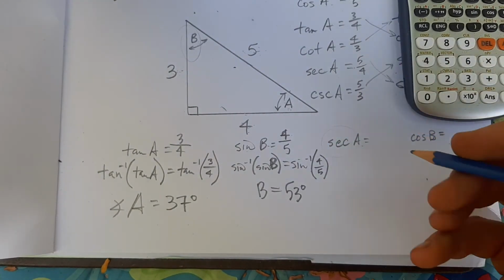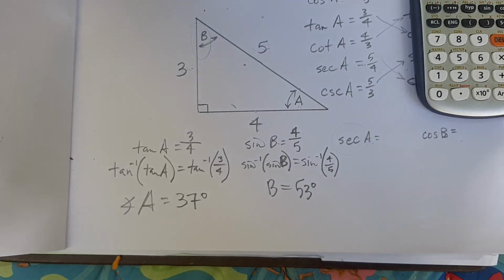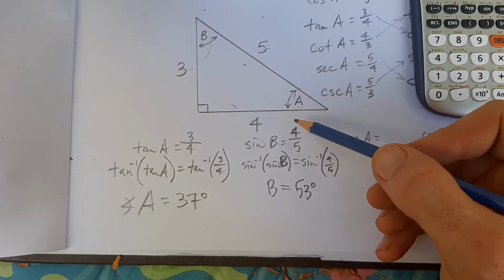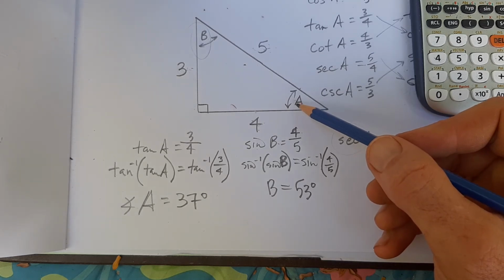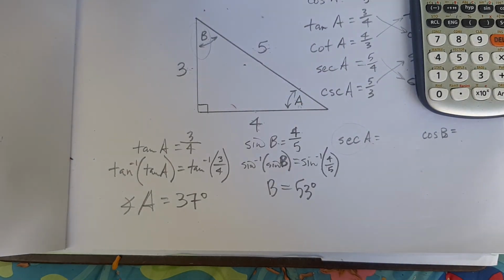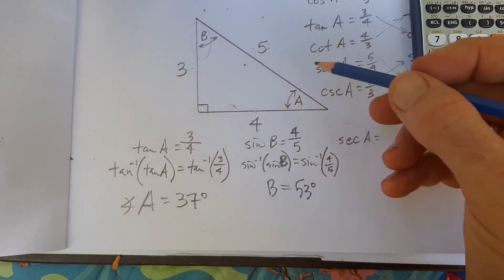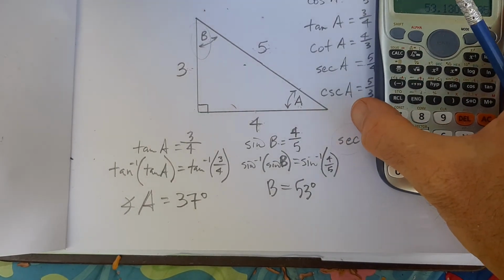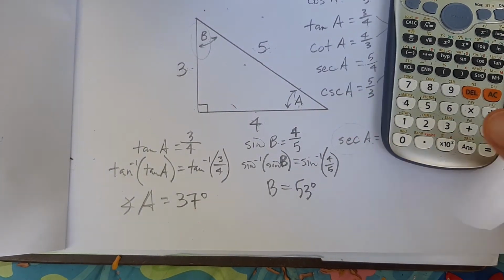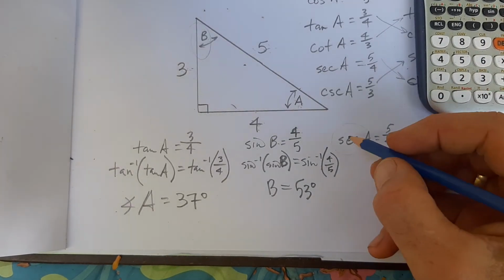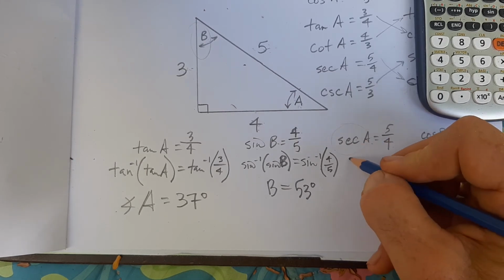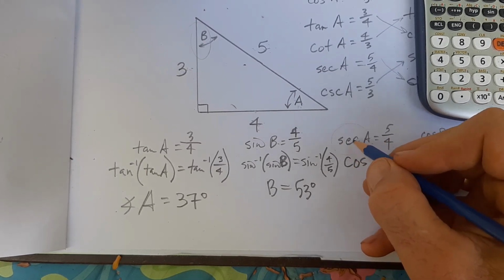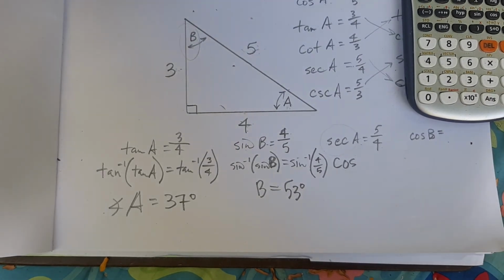Complementary angles. Okay, let's look at secant. What is the secant of A? Secant of A, inverse of which one? Inverse of cosine. So secant of A is 5 over 4. Well, I don't have that button on my calculator. I don't have a secant. So what I'm going to do is say, what's the inverse of secant? SEC, well, I'm going to go COS. I'm putting the C in. That's how I remember secant and cosine are inverse of one another.